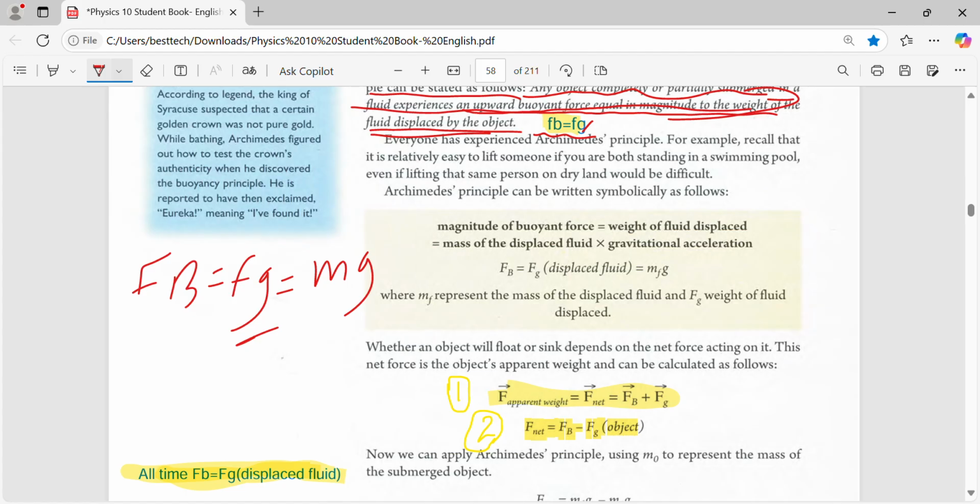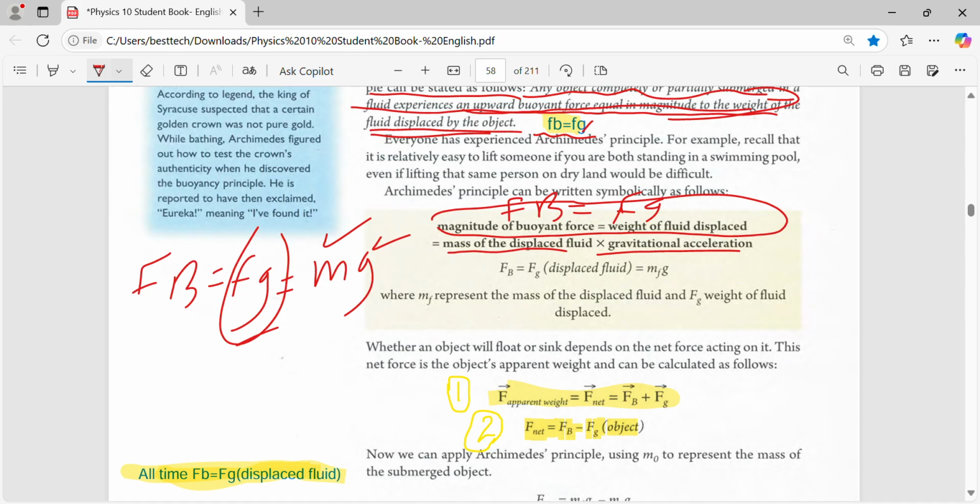Look: the magnitude of the buoyant force Fb is equal to the weight of the fluid displaced, Fg, which equals the mass of the displaced fluid times g.